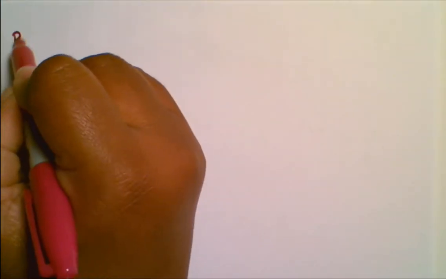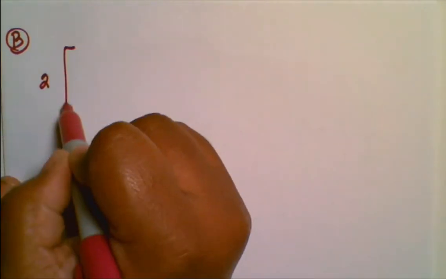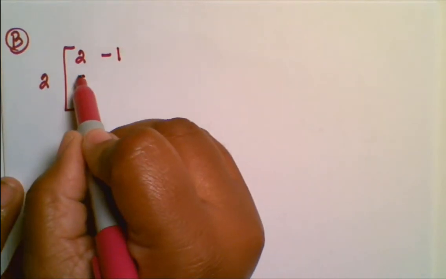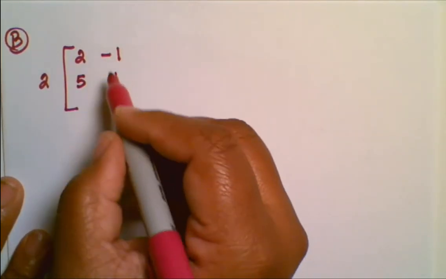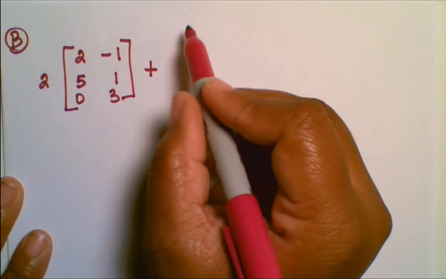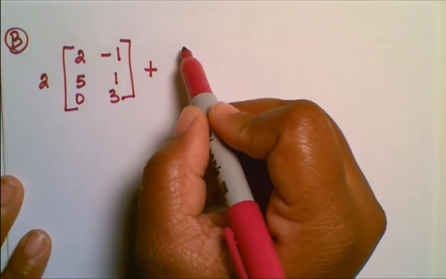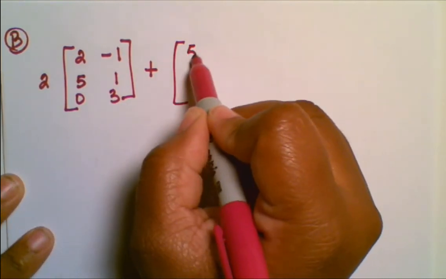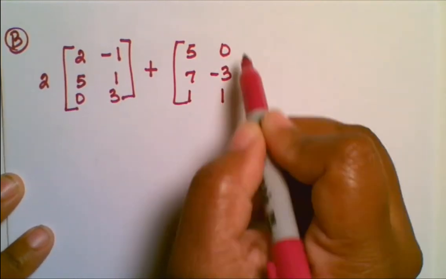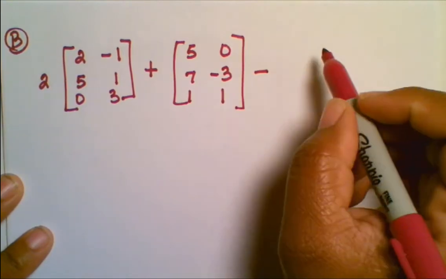So we have 2 times the matrix 2, -1, 5, 1, 0, 3, plus the matrix 5, 0, 7, -3, 1, 1, minus the matrix 9, -4, 4, 4, 1, 6.